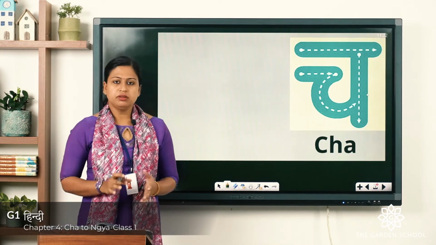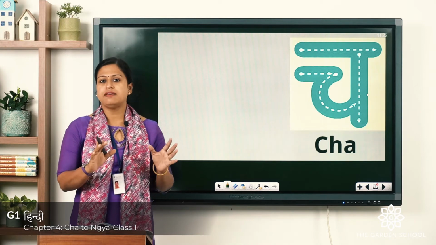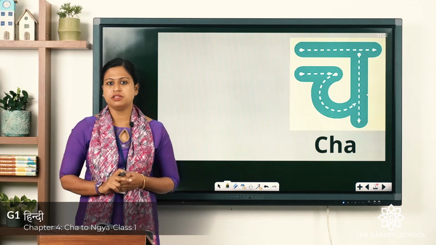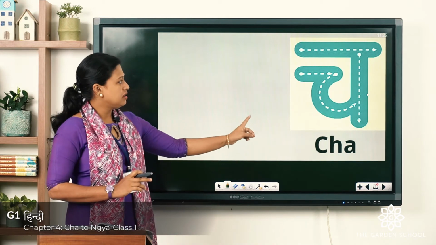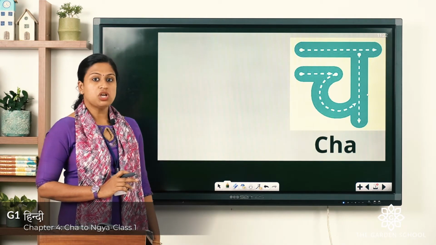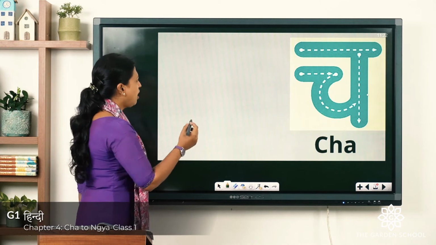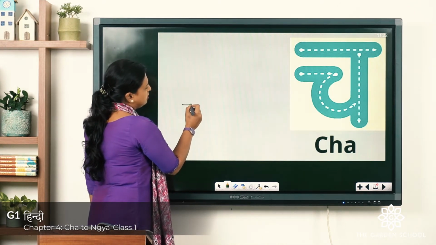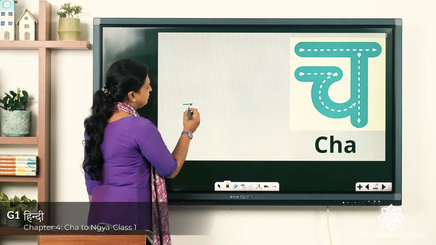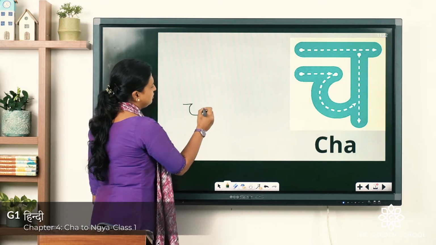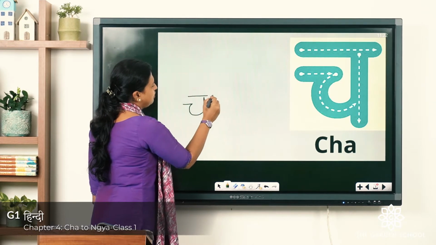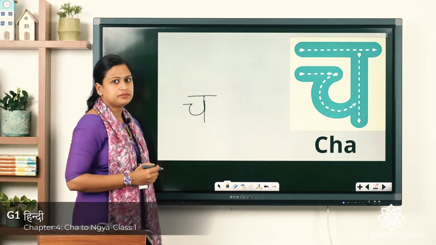Now, in this chapter, we are going to learn another 5 set of Vyanjan letters. The second set of Vyanjan letters. So, the first one is cha. So, let's see how to write it. First, a short sleeping line, then a curve, standing line, and on the top, sleeping line.